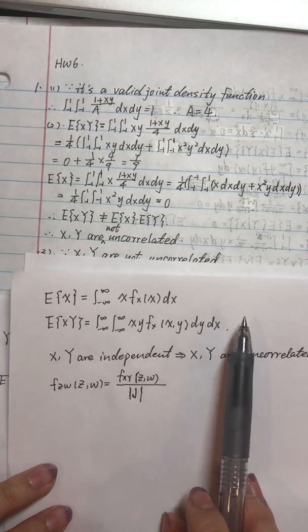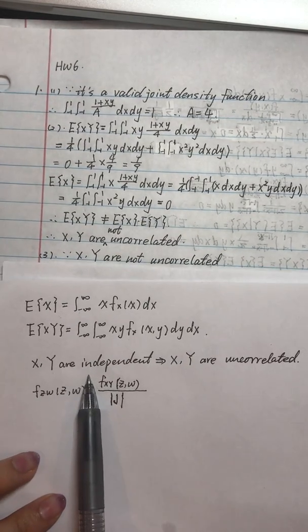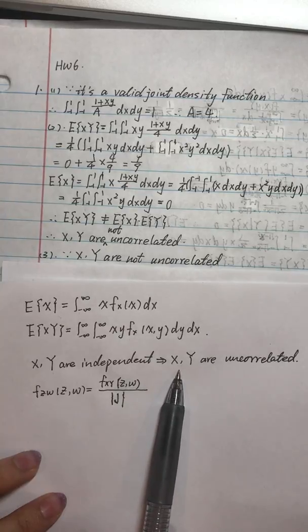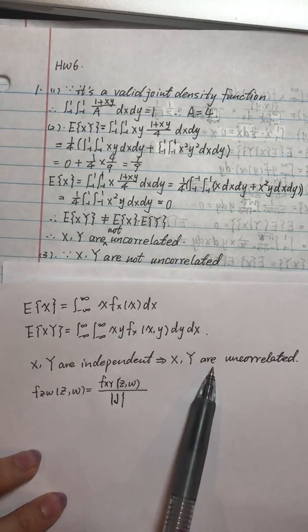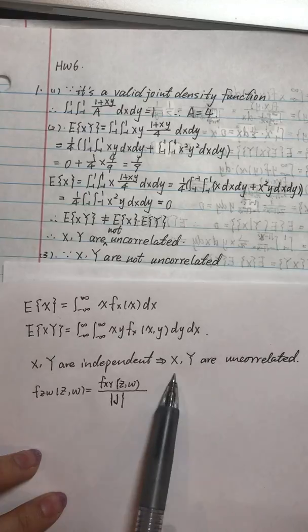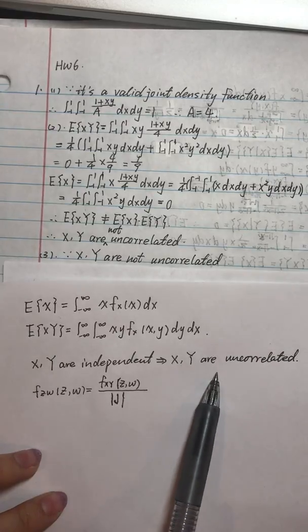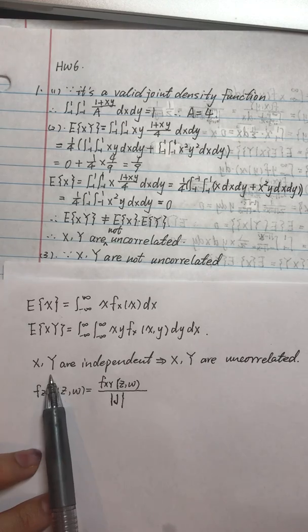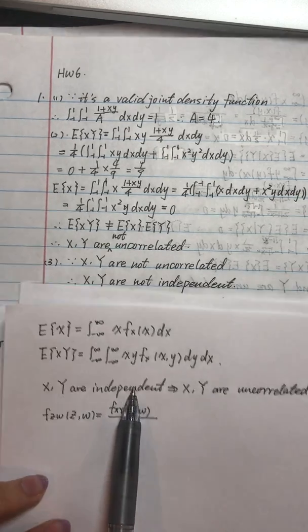As we know, if X and Y are independent, then X and Y are uncorrelated. So if X and Y are not uncorrelated, we can conclude that X and Y are not independent.